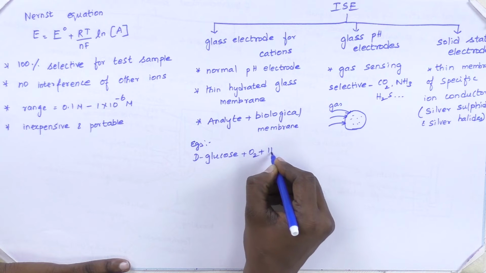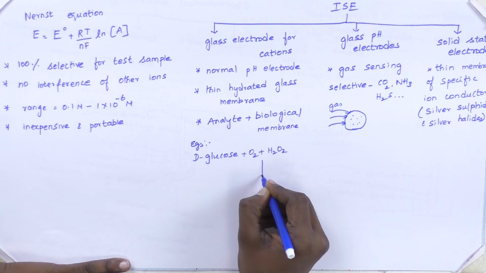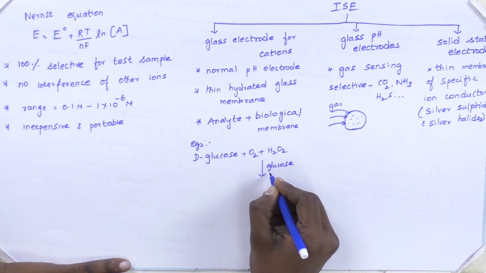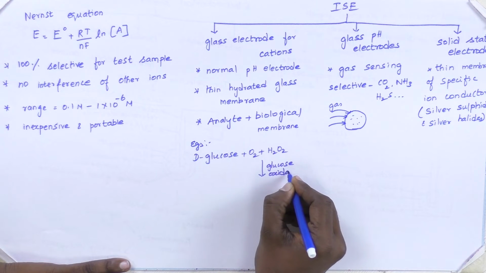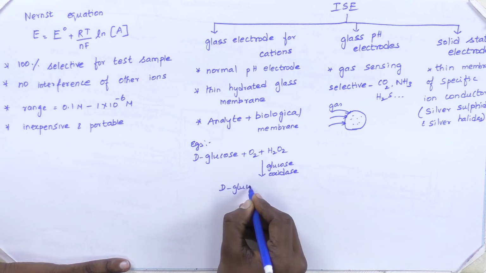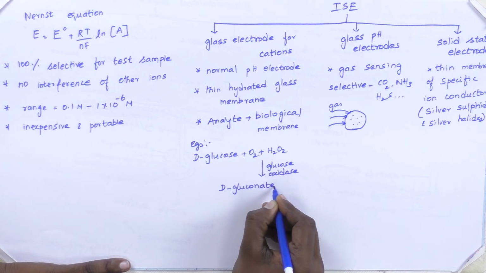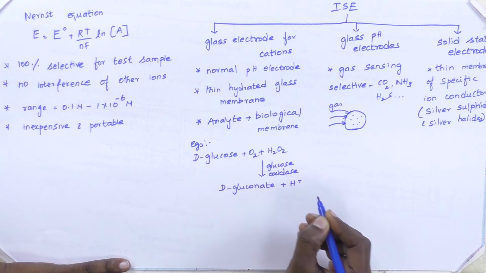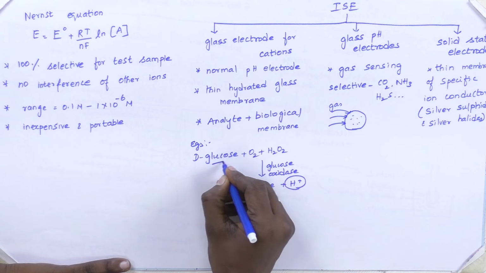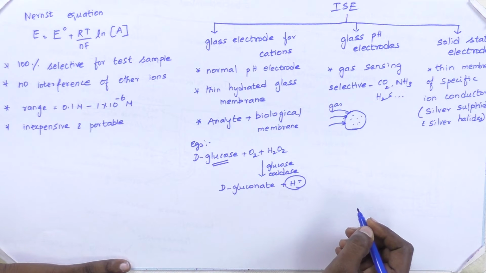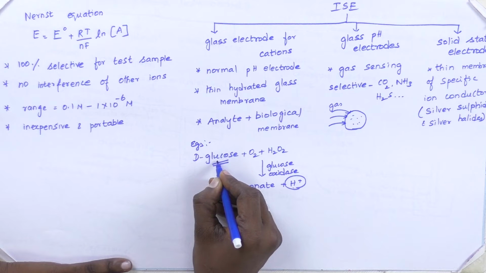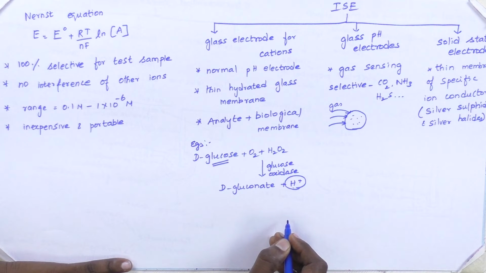In presence of oxygen, with glucose oxidase as an enzyme, the glucose is converted into D-gluconate and hydrogen peroxide, with release of H plus ions. The release of H plus ions indicates the presence of glucose molecules in the water. The amount of H plus ions produced is directly proportional to the concentration of glucose.